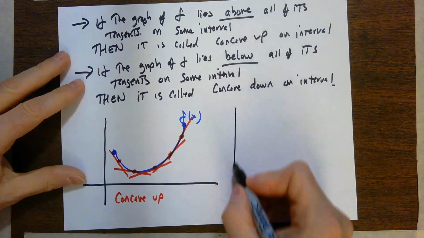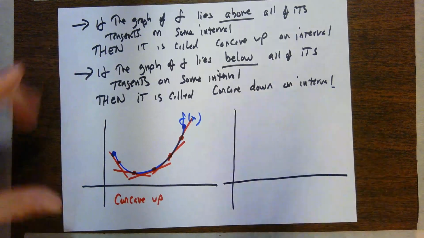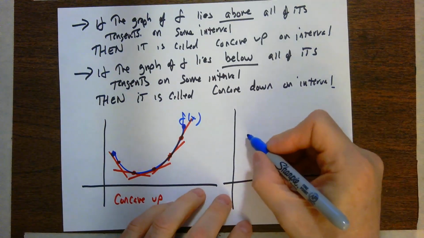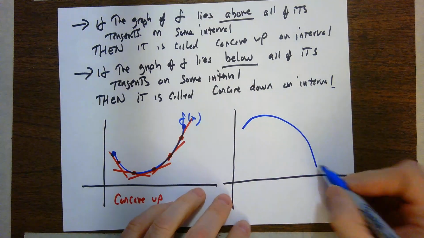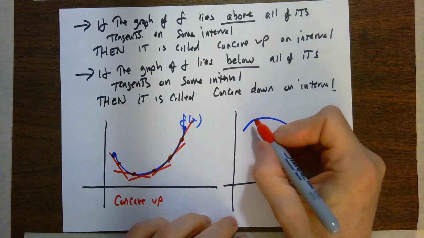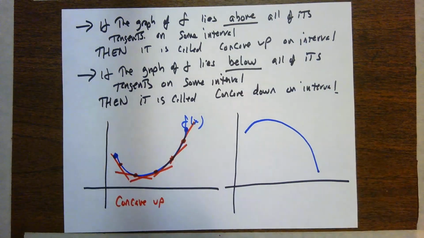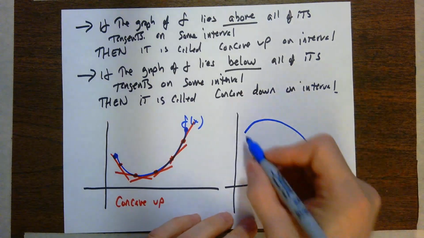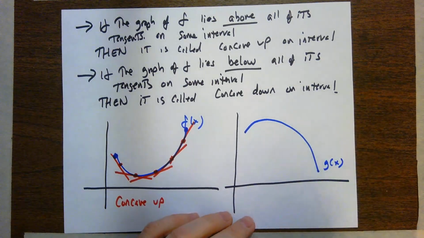Similarly, if I had another function like this, and I look at all of the tangent lines, this is my function. We'll call it g of x over some interval from a to b.